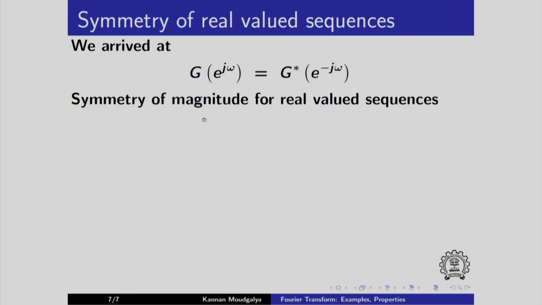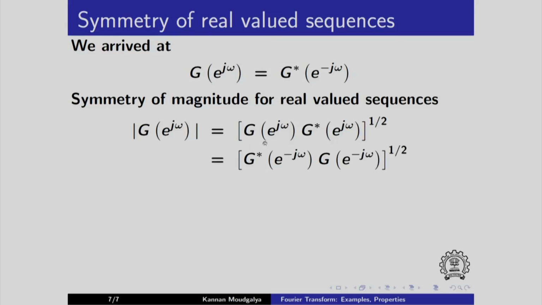This is known as the symmetry of magnitude for real valued sequences, and the magnitude is nothing but the expression multiplied by its complex conjugate, square root, or you can also do this using minus j omega. This is written as magnitude of G of exponential minus j omega, or absolute.